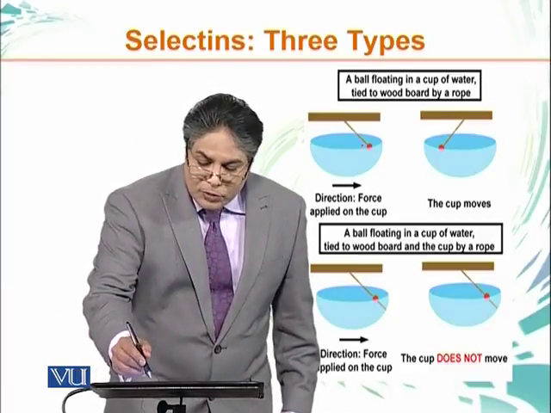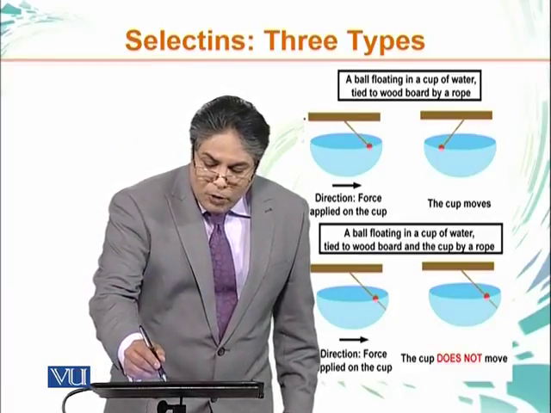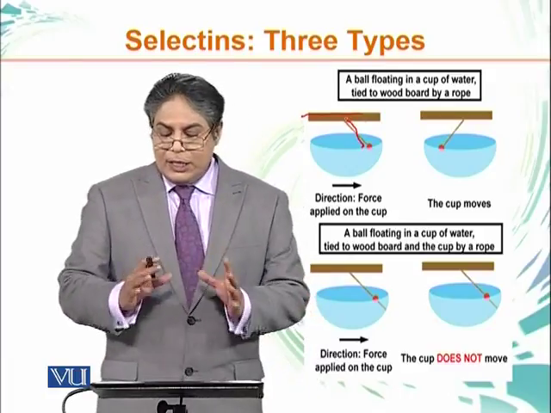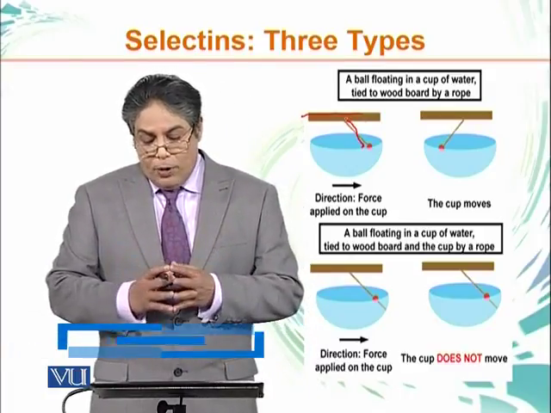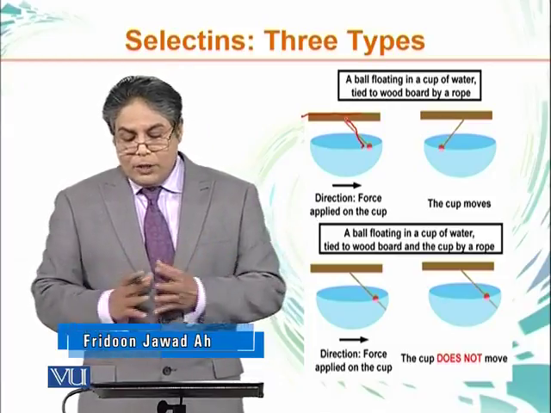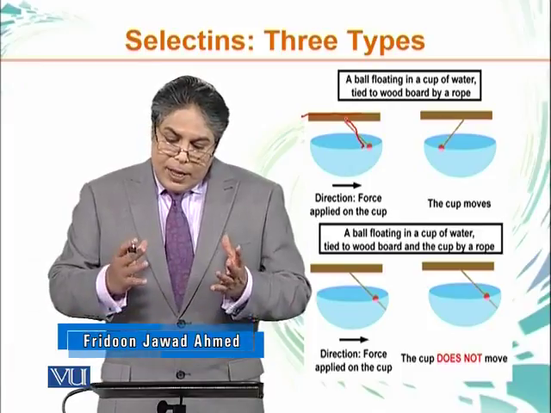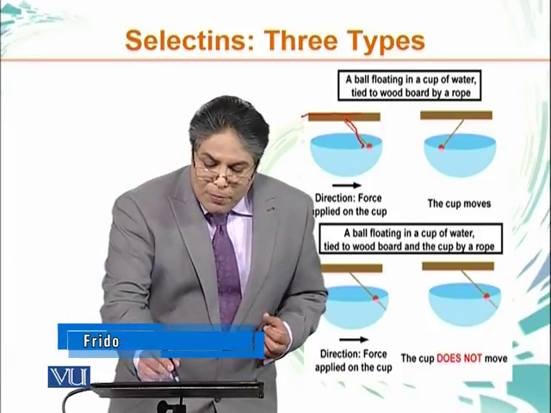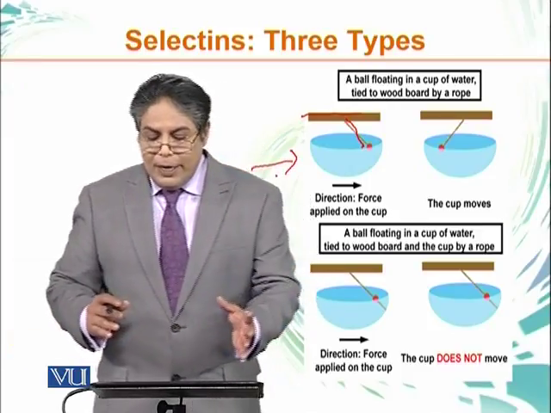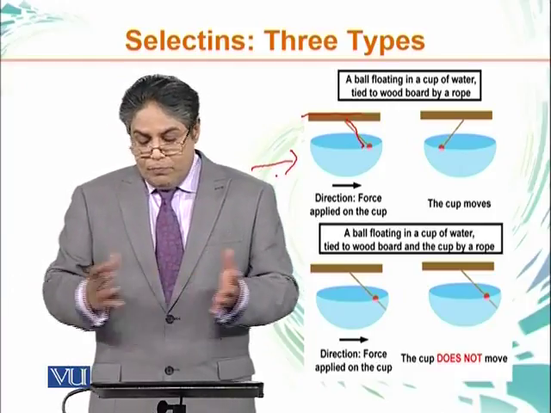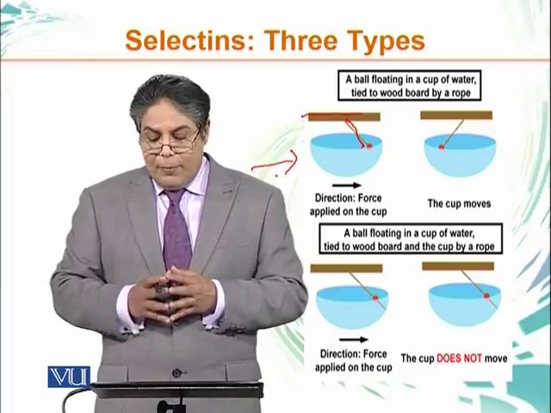This red ball is attached to a wooden board by a string, but the ball is not attached to the cup in any way. So if we apply force and move the cup, it will easily move. The ball will just be dangling in the water. There's no problem moving the cup.